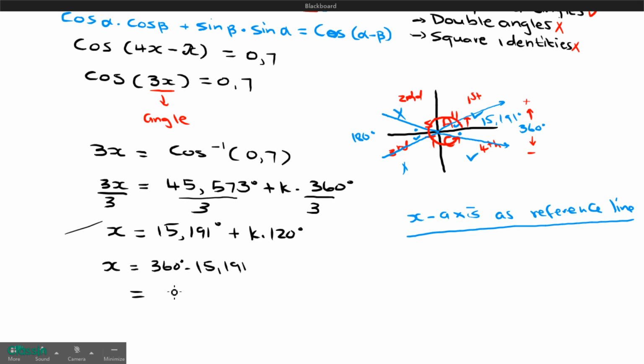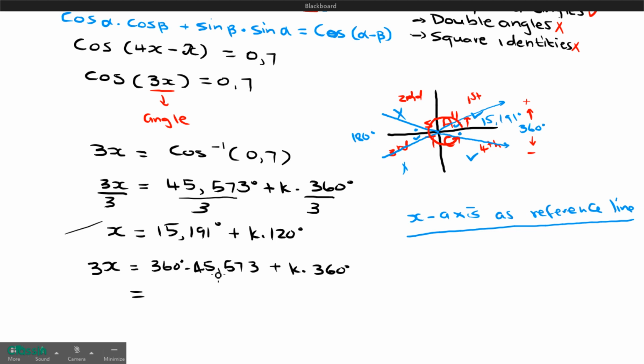Let's write it as 3x here, and then this is 45,573 plus k times 360 degrees.